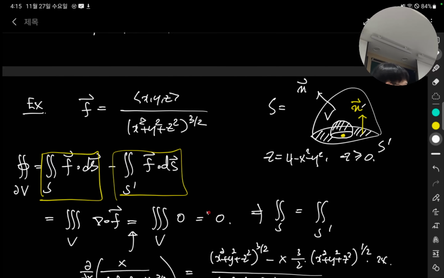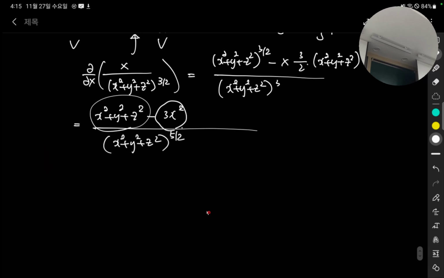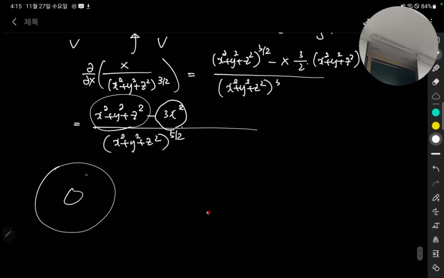Now, S prime consists of two parts: one is the annulus, let's say S1, and the other is the hemisphere. On the annulus, I want to see how much goes through in the perpendicular direction.